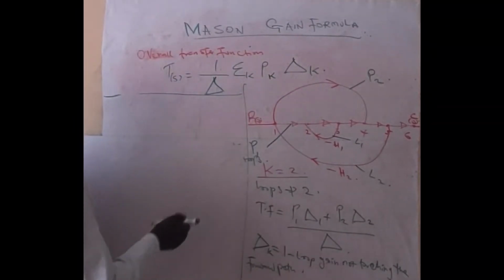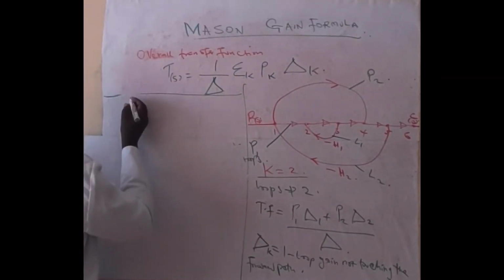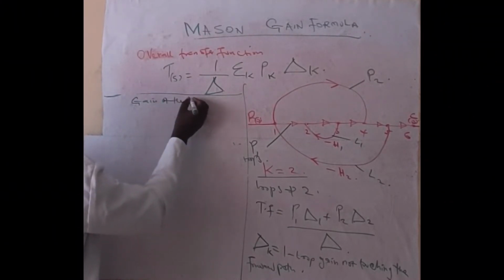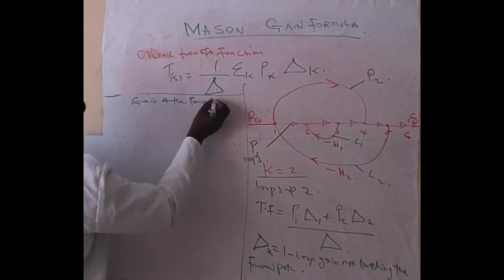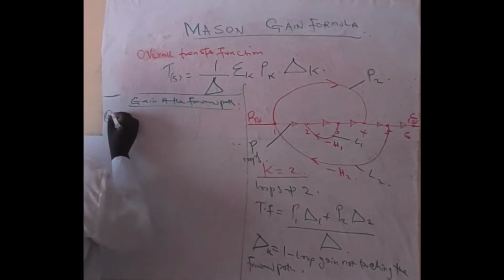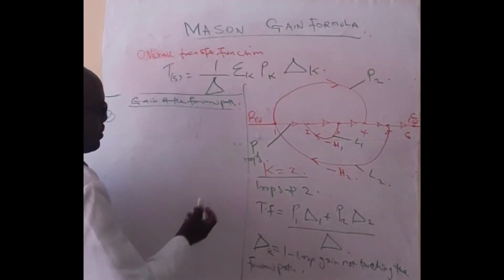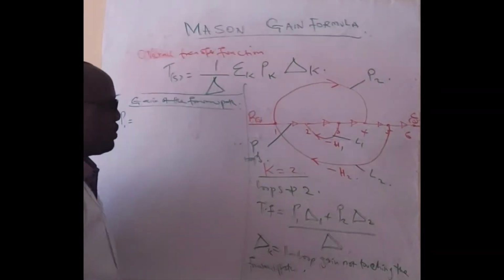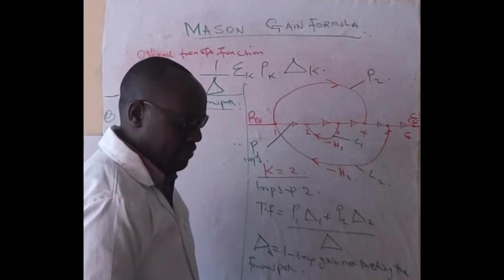So one is the gain of the forward path. We are going to start with B1. I've not given you the gains.